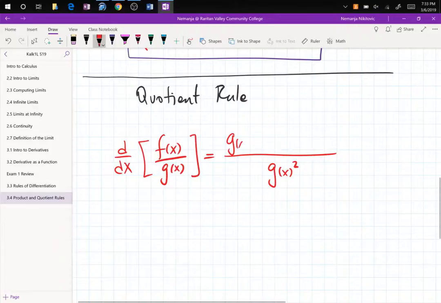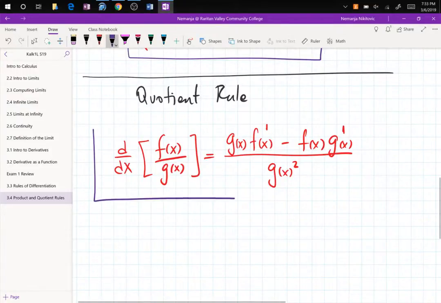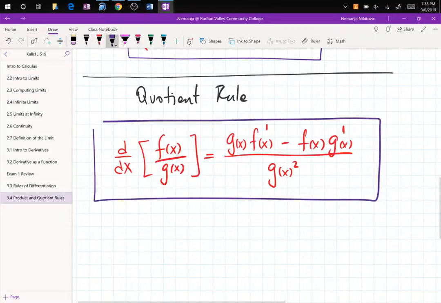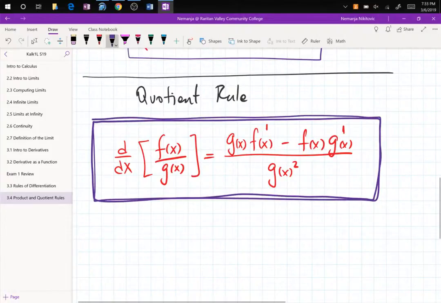Then you go g of x, f of x prime minus f of x times g of x prime. Is that the function squared or just x squared? Function squared. That's a g squared on the bottom.